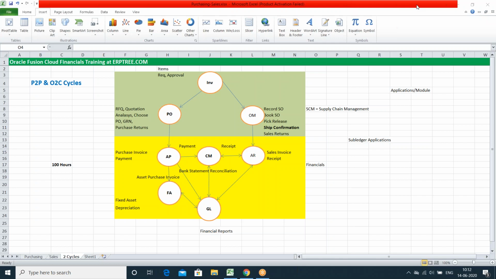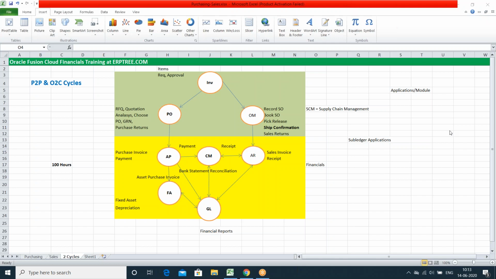Lakshman, are the SCM classes going parallel with this, or is it a separate schedule if I would like to join SCM as well? We are already running the SCM batch. We are about to complete it. When we start the new batch, you will get a communication from the team. Okay, thank you. How long is the SCM course, when this one is 100 hours?